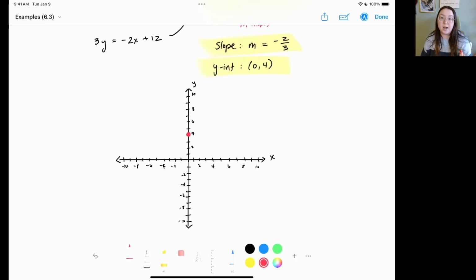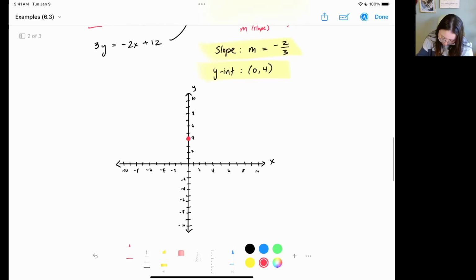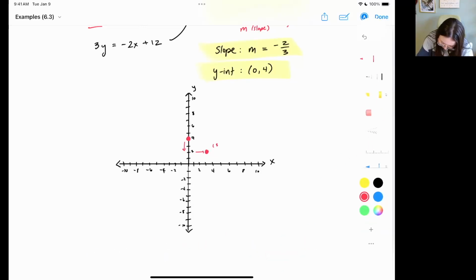Now, when you have a rise that's negative, it's really going to be more like a fall, right? You're going in the opposite direction. So we'll go down from our point 2, and then go to the right by 3. That creates a point right here. And this point is located at (3, 2). There you go, (3, 2).